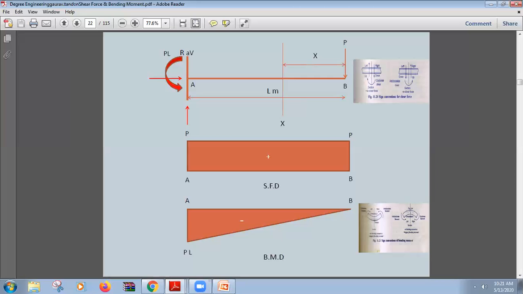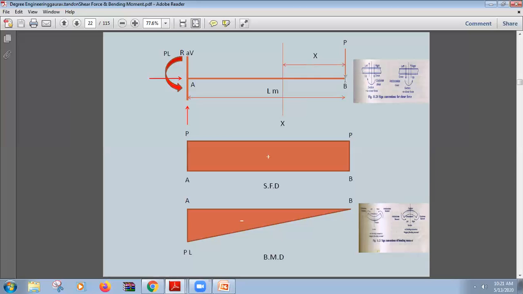So the center of the beam will try to move in the upper direction, upwards. So this is the case of hogging, and hogging is negative bending moment. We have applied force P at the end B, and we'll start taking moment from here to here.